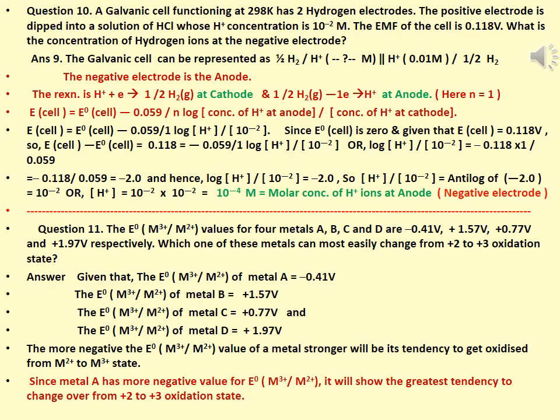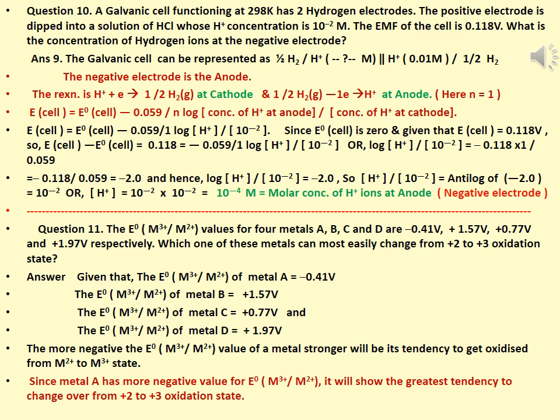Question number 11. The E naught, that is M3 plus bar M2 plus. If you look carefully, it is the reduction potential. E naught values are the standard reduction potential values.